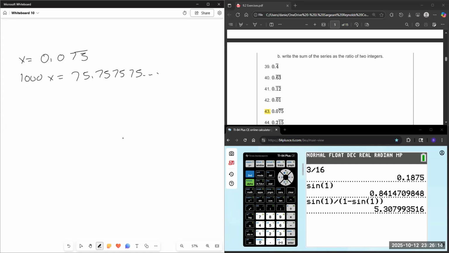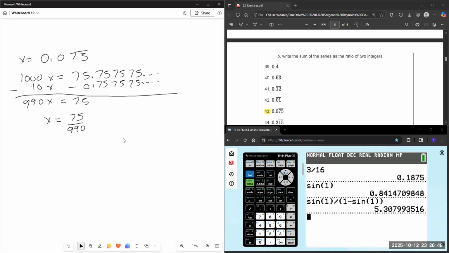So if I have 10x, that's going to be 0.757575 dot, dot, dot. And I'm going to subtract 10x from 1000x to get 990x, and that's going to be 75. So x is going to be 75 over 990.